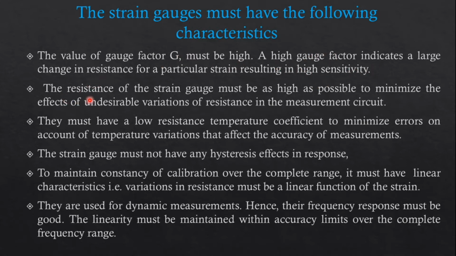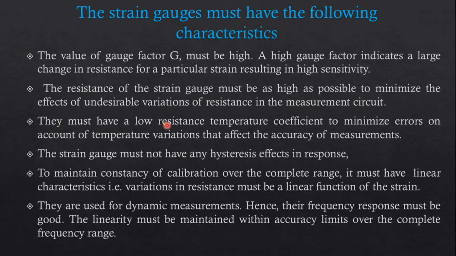Next one, the resistance of the strain gauge must be as high as possible to minimize the effect of undesirable variation of resistance in the measurement circuit. So the resistance of the wire should be high, and it should not vary with respect to different environmental conditions.